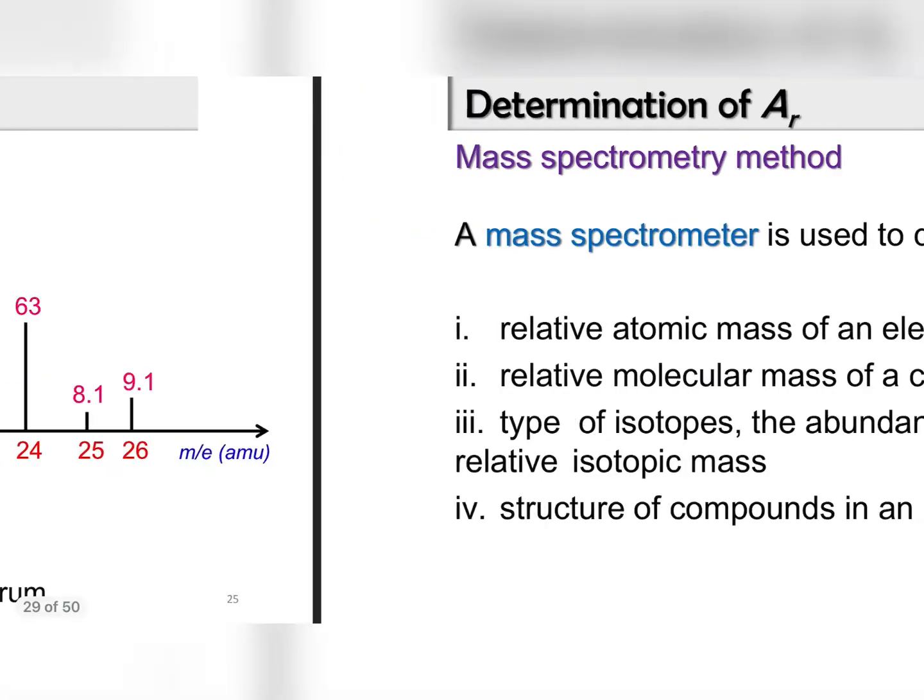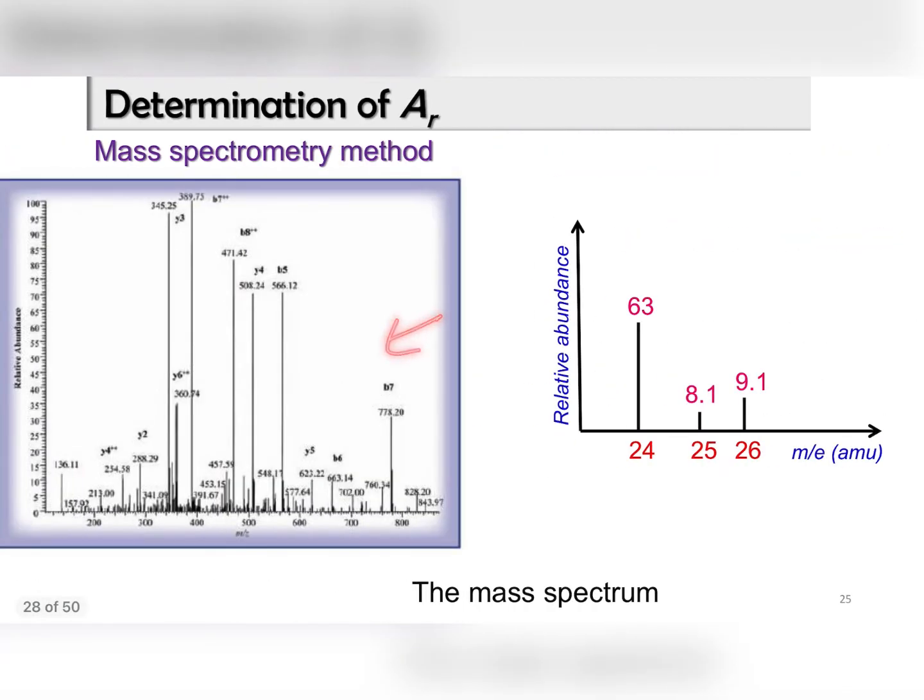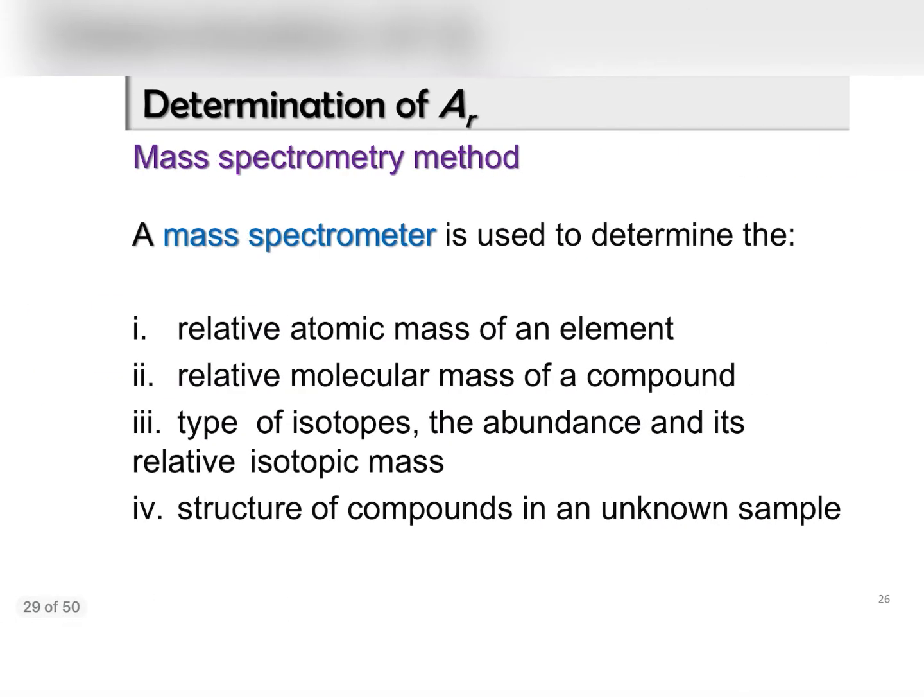From this kind of mass spectrum, you can know the relative atomic mass of that element, or if it is a molecule, we can know the relative molecular mass of that compound. And then we can also know the type of isotopes and the abundance of its relative isotopic mass.